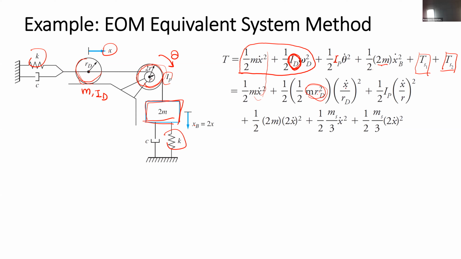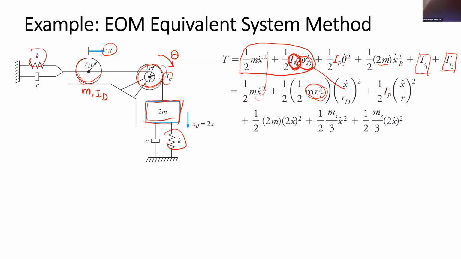And the omega of the disk, the angular velocity for rolling without slipping, is the velocity divided by the radius. So this term. For the pulley, we have the moment of inertia of the pulley and the theta dot.